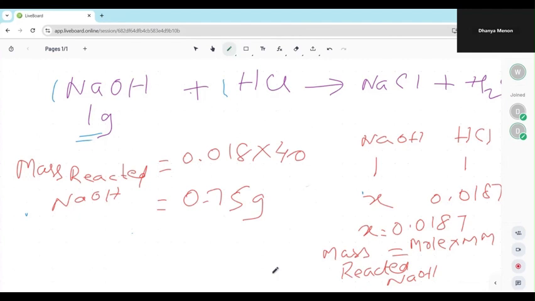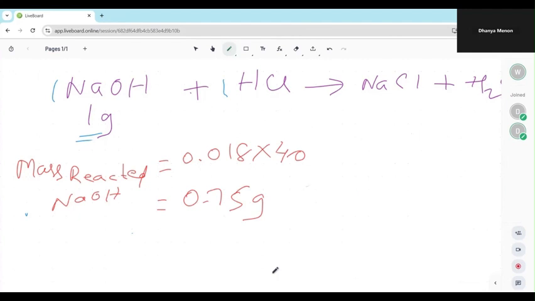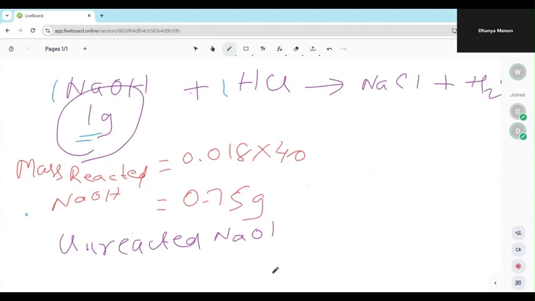Now we have the total mass given. What is the total mass that's given? Total mass is 1 gram, right? So unreacted NaOH is equal to 1 minus 0.75, which is equal to 0.25 grams.